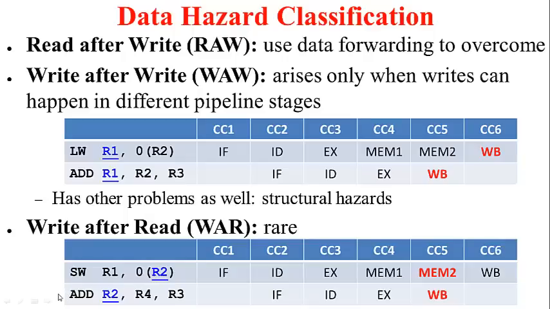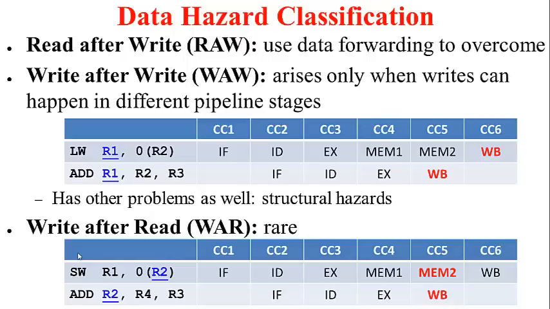That is, the program dependence is that the write to R2 should happen after the read of R2. This WAR hazard also is not possible in the MIPS pipeline because reading happens early in the pipeline, that is in stage 2 itself, whereas writing happens in stage 5. So this write after read dependence can never result in a write after read hazard.